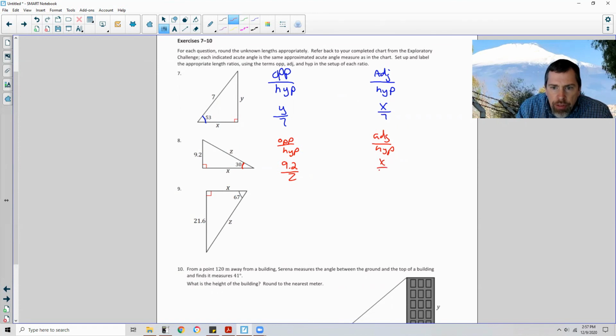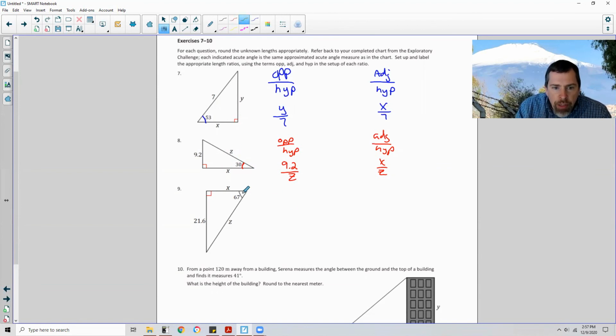Never put the hypotenuse in the numerator. It's always opposite over hypotenuse, adjacent over hypotenuse. Hypotenuse is always your denominator, and don't confuse adjacent with the hypotenuse. Yes, the hypotenuse is adjacent to the angle, but the hypotenuse is longer, so that's always called the hypotenuse.